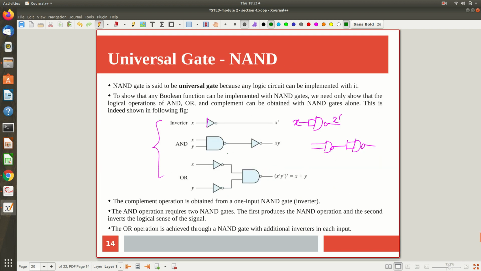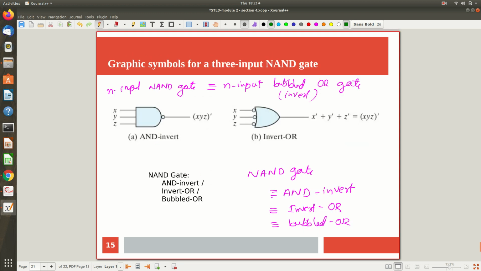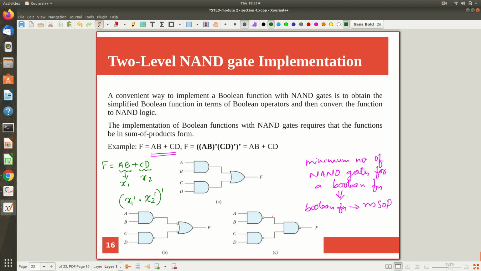In a similar way here, the first input is complemented by the first NAND gate, the second input is complemented by the second NAND gate, and finally these two are applied to a third NAND gate, and this is equivalent to x1 plus x2.